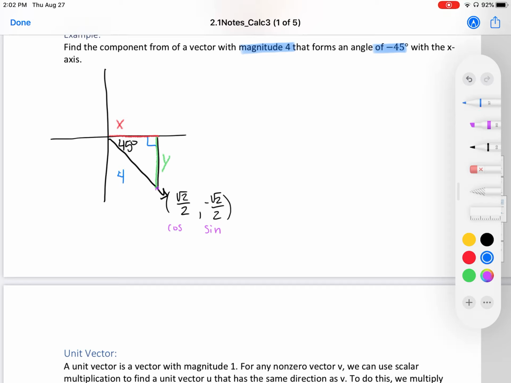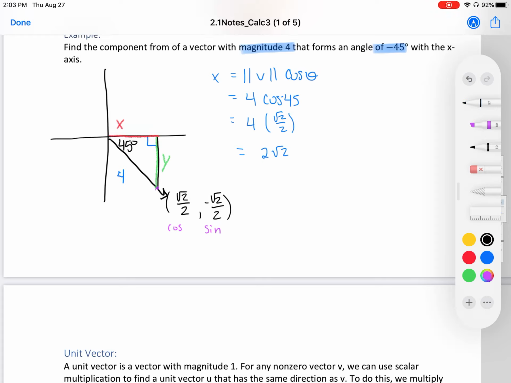To find the x, we know that's going to be the magnitude times cosine of theta. Our magnitude is 4, and I have cosine of negative 45. So that gives us 4, and cosine of negative 45 is square root of 2 over 2, which gives us 2 square root of 2.